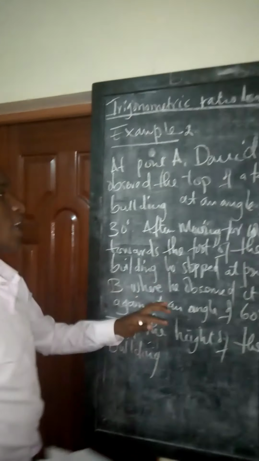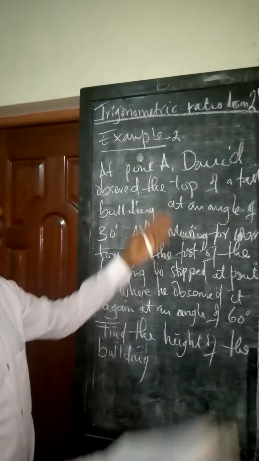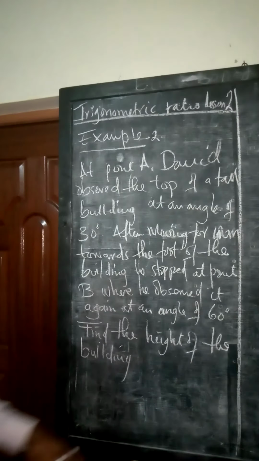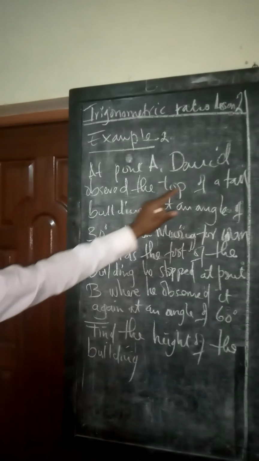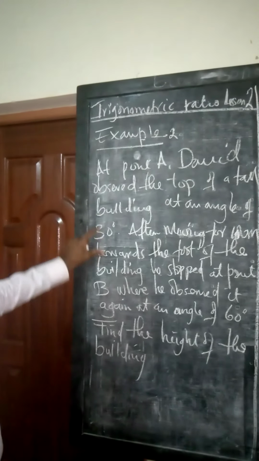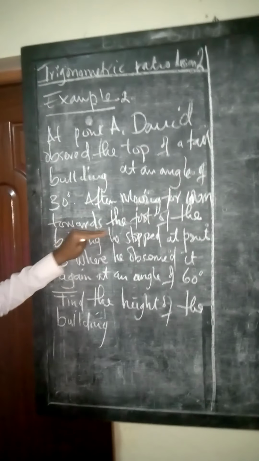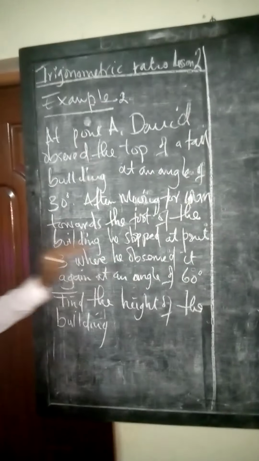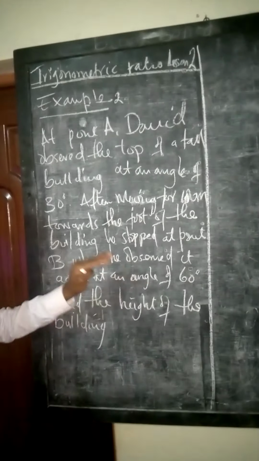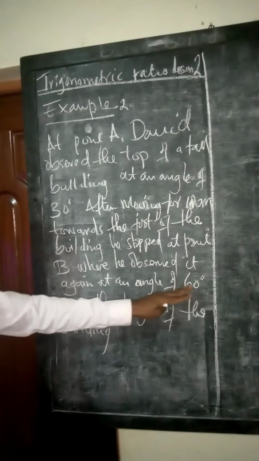So we are told it is David, who observed the top of a tall building at an angle of 30 degrees. Then after moving for a distance of 100 meters towards the foot of the building, he stopped at point B, where he observed it again at an angle of 60 degrees.